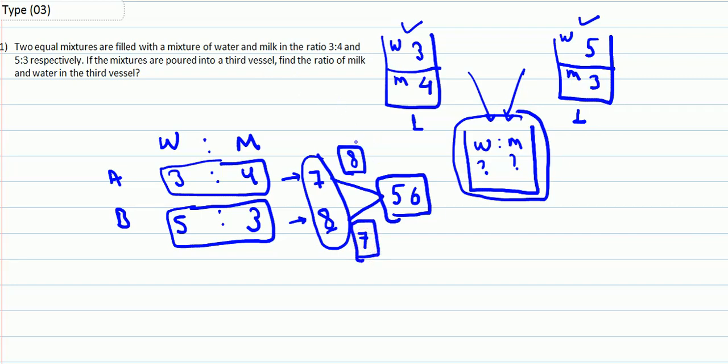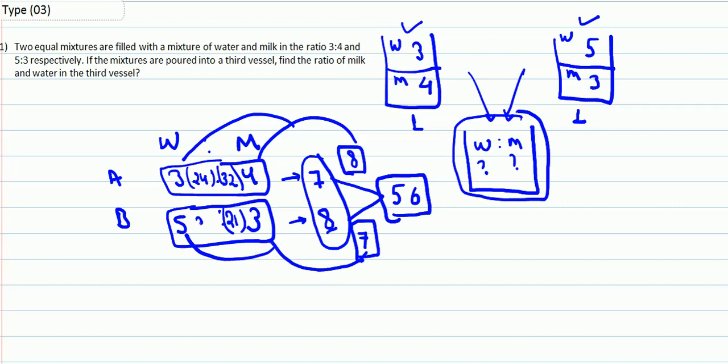Now we are going to multiply 8 with this 4 and with this 3. So 8 4s are 32, 8 3s are 24. Now we are going to multiply this 7 with this 3. 7 3s are 21, and with this 5 as well. 7 5s are 35.